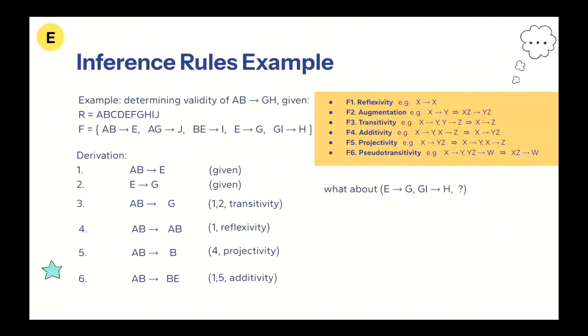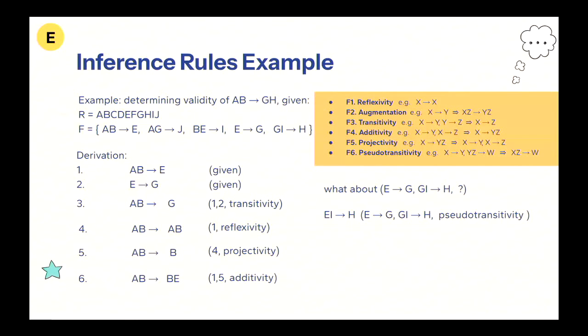Yes, EI determines H. So pseudo transitivity is like if A can determine B, we can replace B on the left hand side of any other rules with A. So this is pseudo transitivity. We can apply pseudo transitivity here, and we can get another dependency, which is EI determines H.